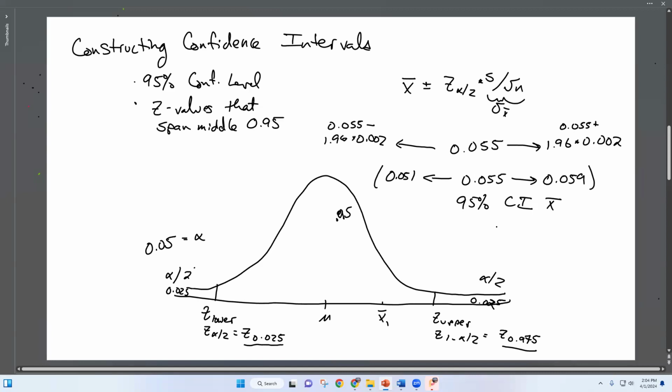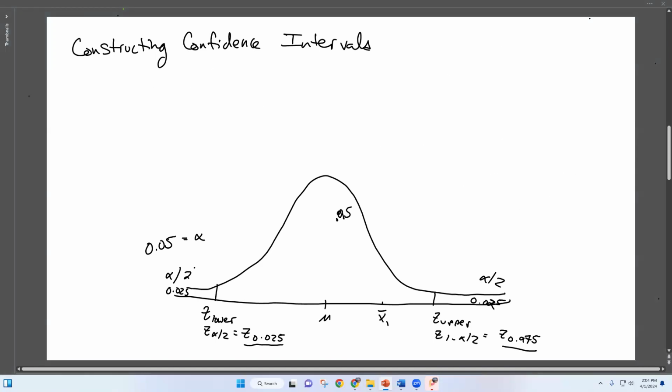All right, good job, everyone. So let's talk a little bit more about alpha. We said that alpha is whatever we're not confident in. If we want a 95% confidence interval, we're saying that 0.05 of that is not confidence.